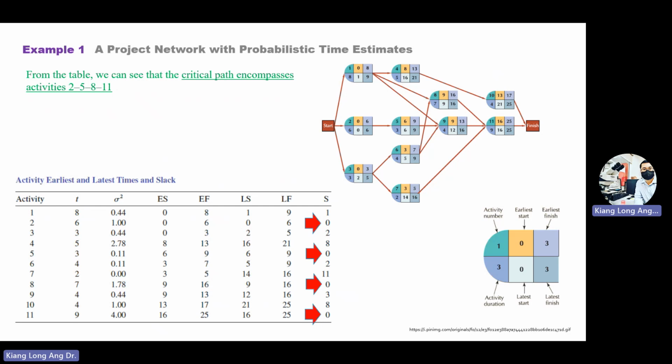I think something is wrong with the diagram, but need to check back. I'm not sure whether there's an arrow connecting 5 to 8 or not. I think something is wrong with the diagram, but the idea is there.